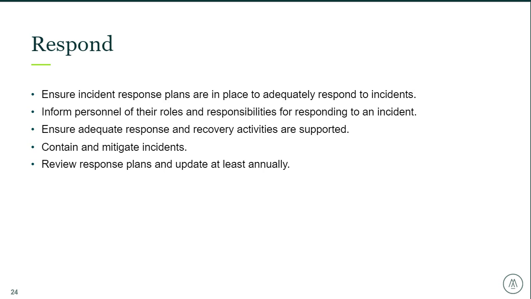The most important piece in this section is having some sort of plan, some sort of playbook that is followed for this. A good example of that is a ransomware playbook, so that you know who you're going to contact, what steps you're going to take for that system or systems, and who's responsible for what. And also identifying in that, would you pay or not pay for that ransomware attack?